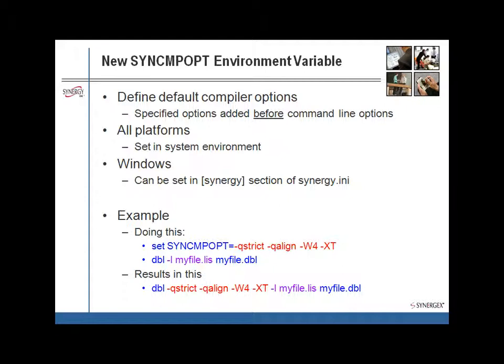For example, if you decide you want to compile all of your sources with the new -qstrict and -w4 options, then you could achieve this by setting SYNCMPOPT to contain -qstrict space -w4. And these options will be used each time you use the compiler, unless overridden on the compile command line.